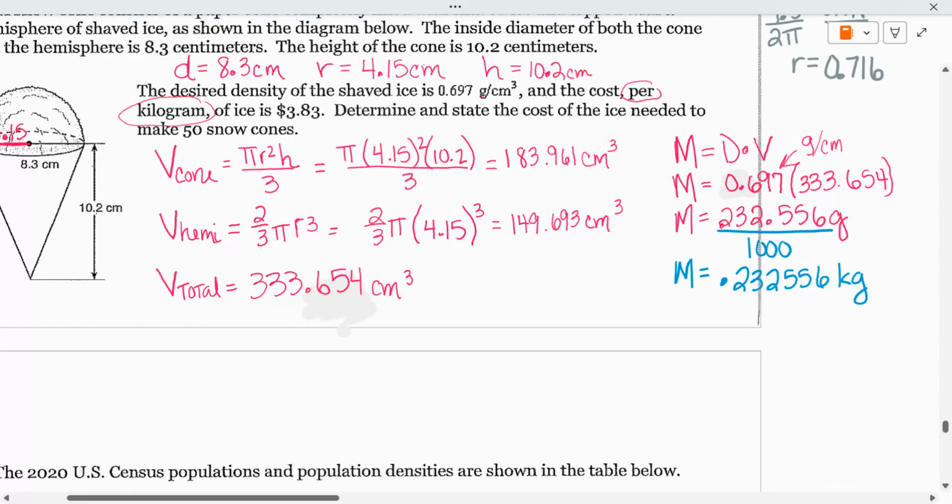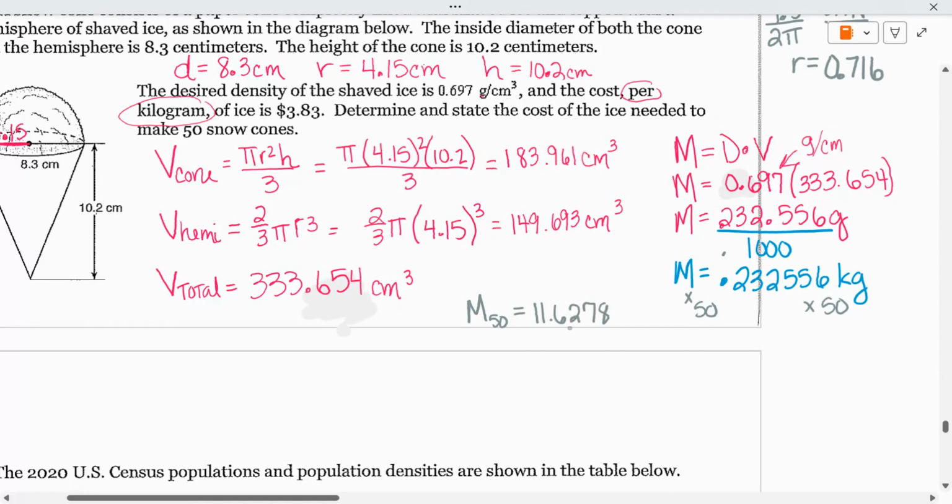But that's just for one snow cone. And how many do I want to make? I want to make 50. So I'm going to take this and multiply it by 50. So the mass for 50 snow cones equals what? 11.6278, you said?